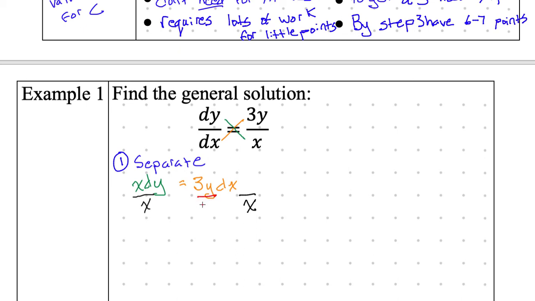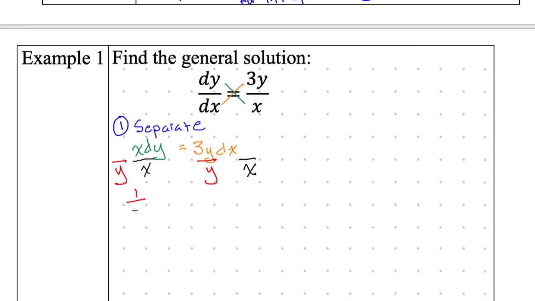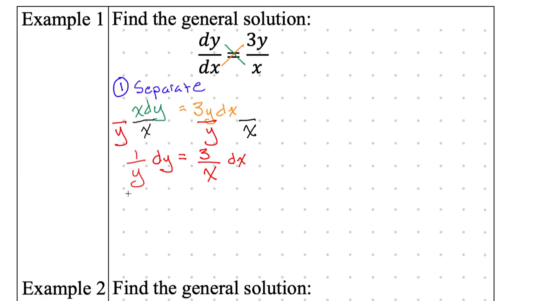You can divide by 3y or y. I'm just going to divide by y. And now our new equation is 1 over y dy is equal to 3 over x dx. We have now done step 1. We are on to step number 2. What is step number 2? 2 is integrate.